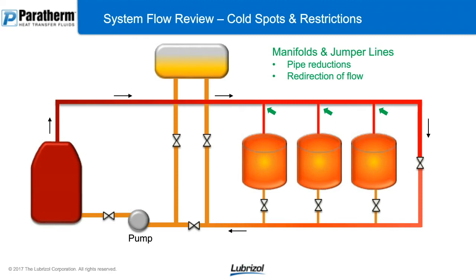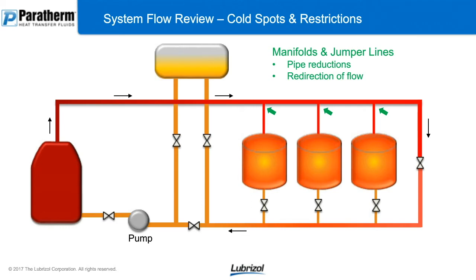You'll have a braided Teflon or braided stainless steel Teflon type hose, and usually they go from, let's say, a 4-inch down to a 2-inch diameter. That is an area of flow change and pressure manipulation, and a great area where you'll see potential for plugging your lines, pipe reduction, and redirection of flow.